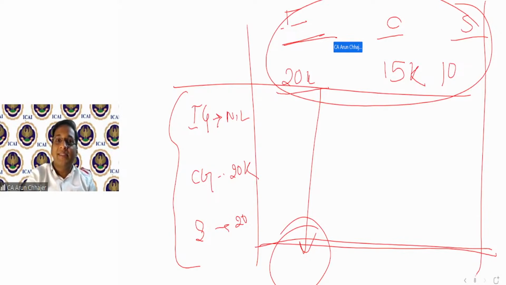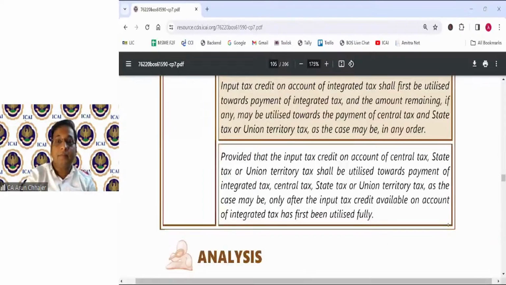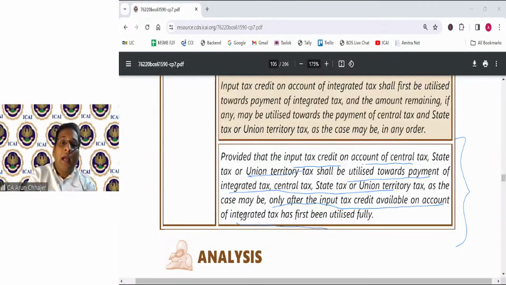what we have discussed, let me again read that proviso. Let me highlight this proviso. It says that ITC on account of the CGST and SGST shall be utilized toward the payment of I, C or S only after ITC available in IGST has been first utilized fully.